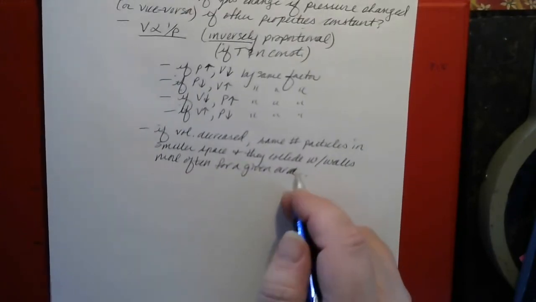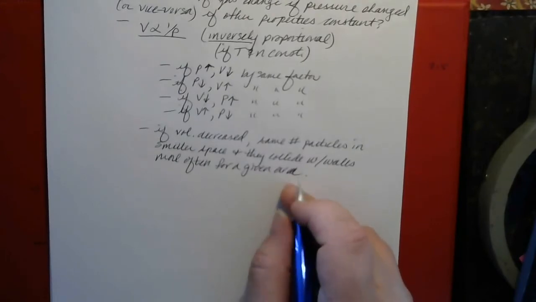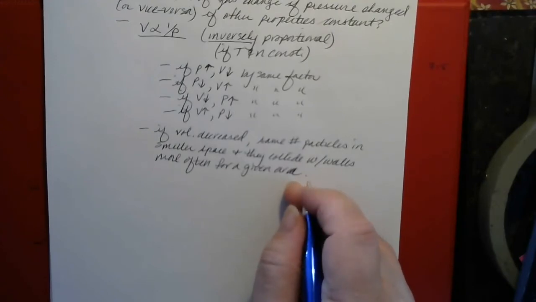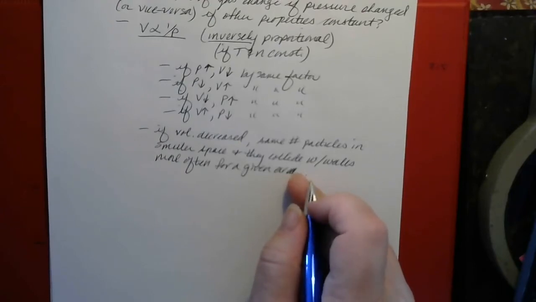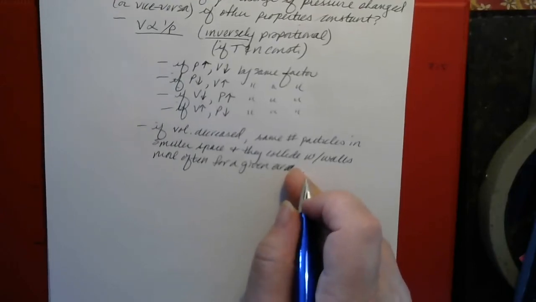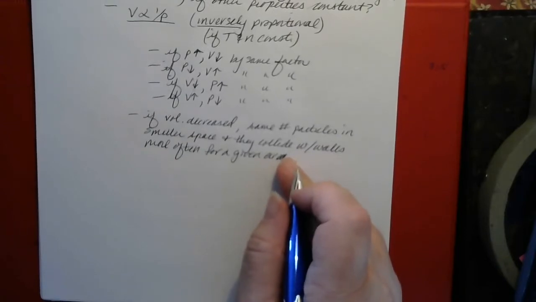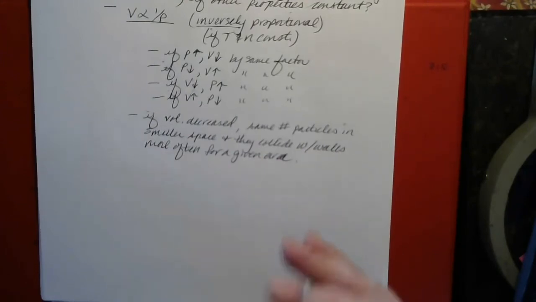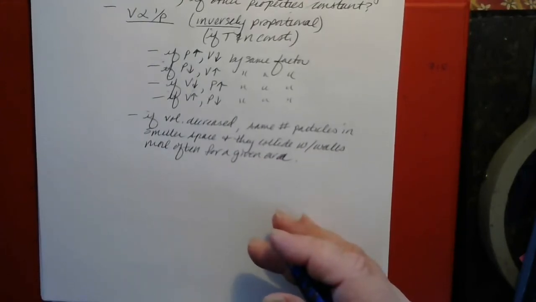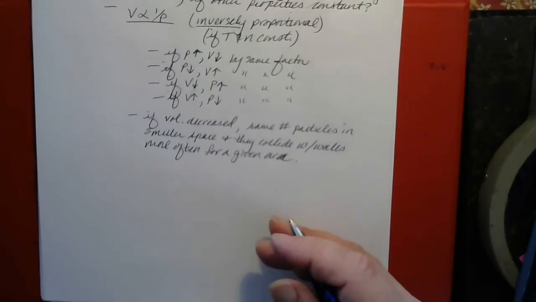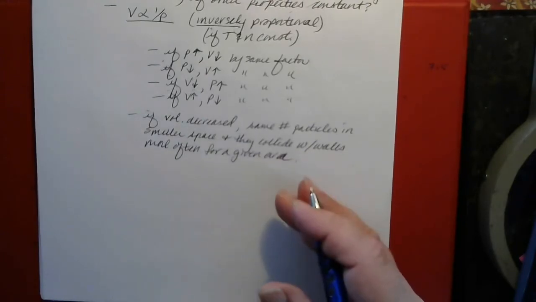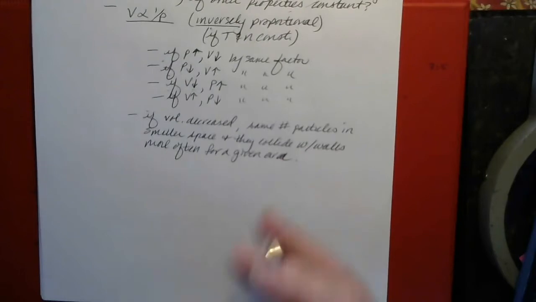If you map out a certain area, like a square inch on the wall of the container, and you've decreased the volume of the container, well, there are fewer square inches for the gas particles to collide with, but there are still the same number of gas particles as there were before. So each square inch of that interior wall is going to have more gas particles colliding with it at any given moment. And the gas particles are not hitting any harder than they were before, but there are more of them hitting in any given moment. And that means more pressure in total.